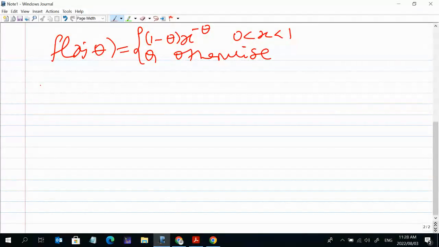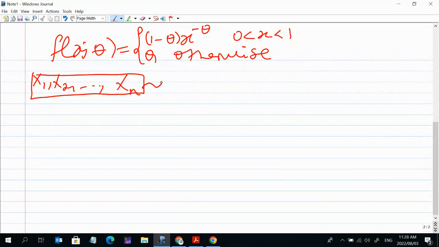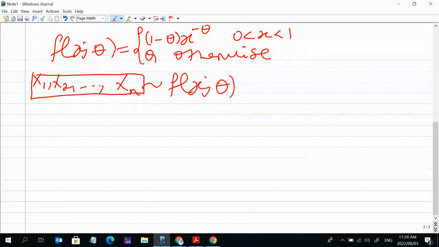Now, the definition said we should first get our sample of size n. This sample is distributed with this function, so we can use it to find the joint function, because these variables are independent. The product of these marginal functions gives us the joint function.